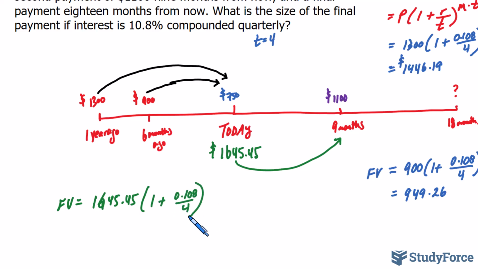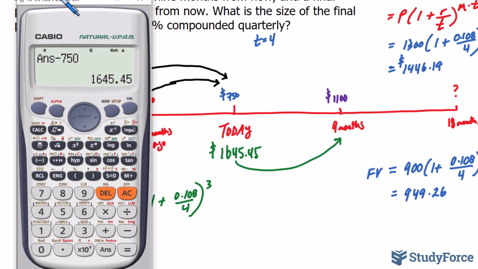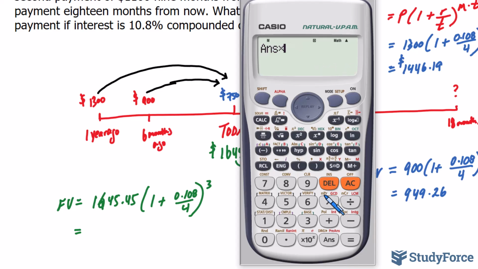And we need to find out how many compounding periods happen from today to 9 months. Because it's quarterly, we have 3 periods that pass. And once we find the future value, we'll subtract 1100 from that. So the number on our screen times 1 plus 0.108 divided by 4 raised to the power of 3, it matures to $1,782.36.